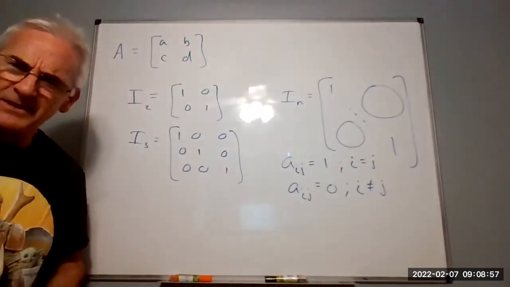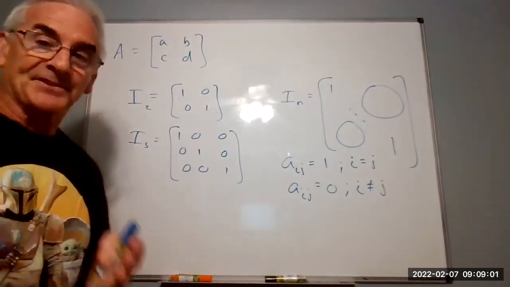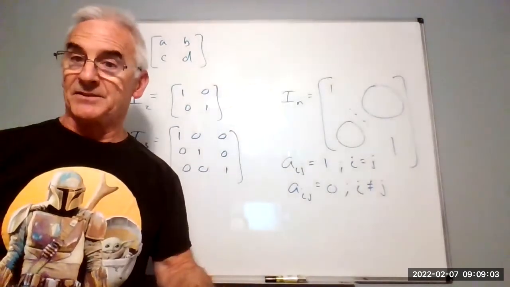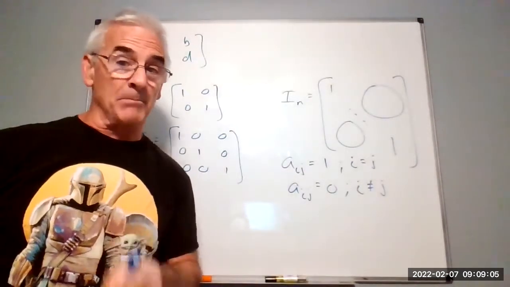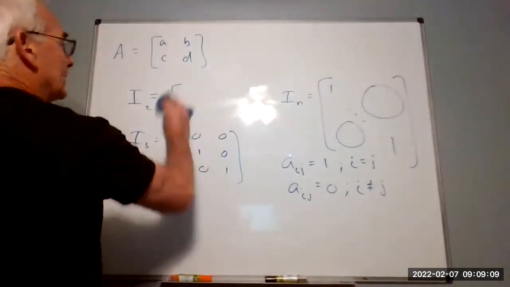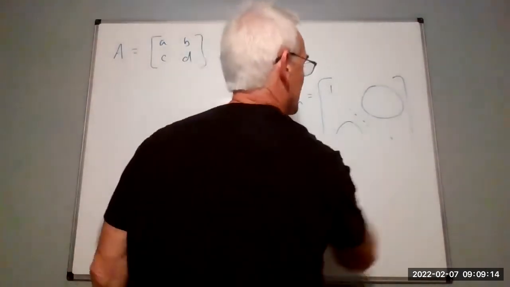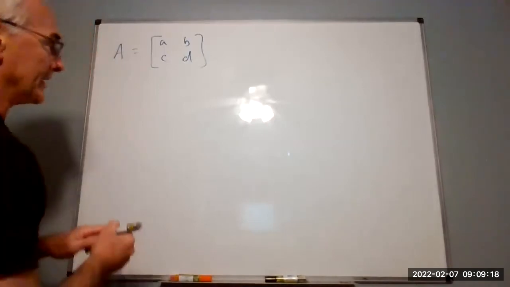So why an identity? Why do I care? Because the identity matrix acts as the multiplicative identity for matrices. It acts like the number 1 does in real number multiplication. So let me do a really simple example before we start our process, because there is a goal in mind.